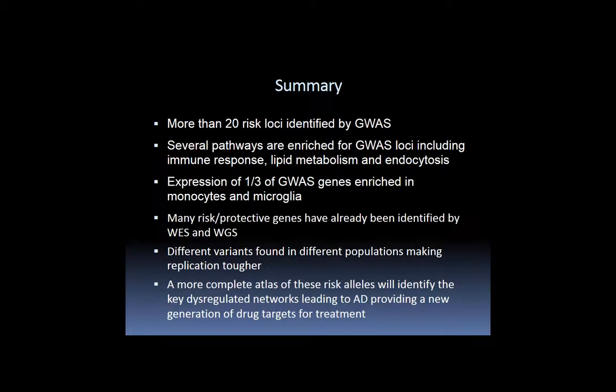One of the things that we notice is that the genes under the GWAS loci are highly enriched for genes that are expressed in microglia. Those are the cells in the brain that are the immune surveillance cells, so that certainly fits with this.